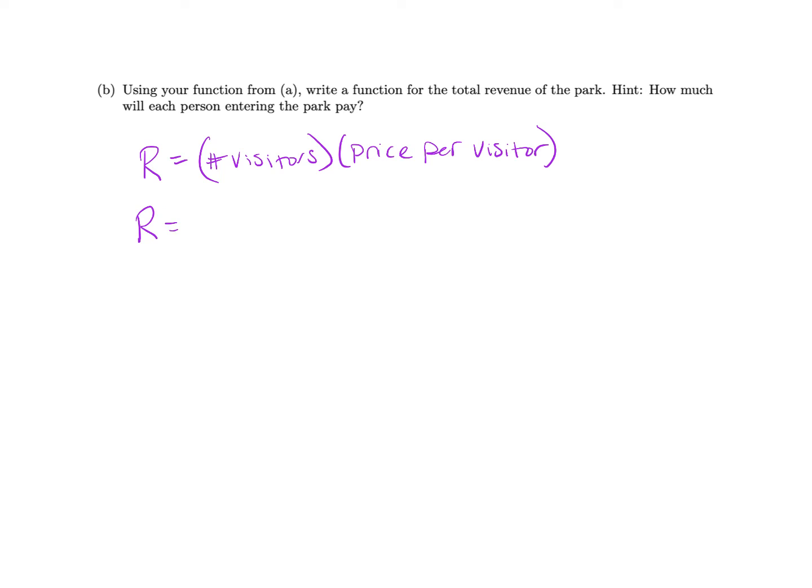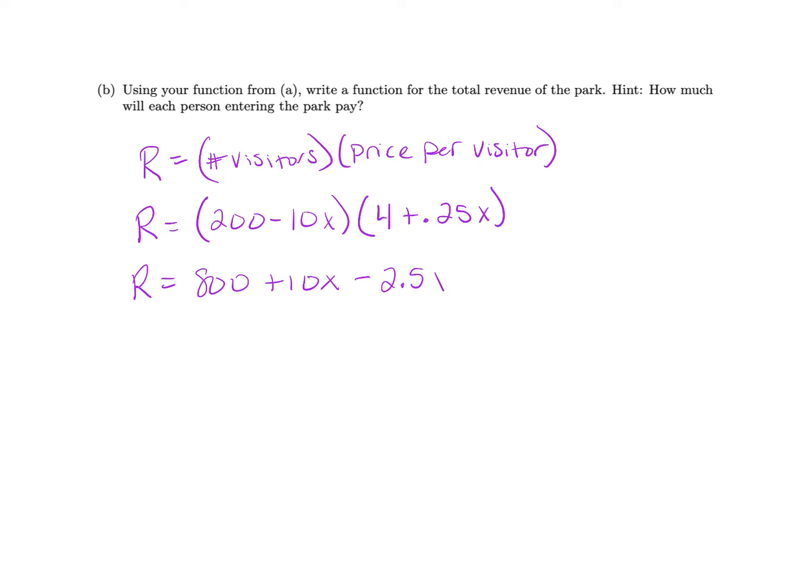That's what we did in part A. That was 200 minus 10x. And then the price they pay, well, right now they are paying $4. And X represents the number of 25-cent increases to the price. So we have 4 plus 0.25x. And then if I just multiply those together with a quick distribution, I get 800 plus 10x minus 2.5x squared.